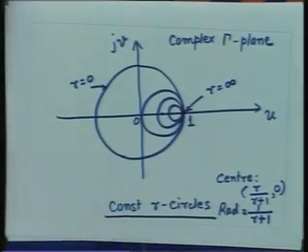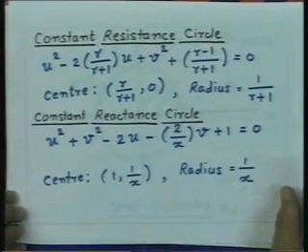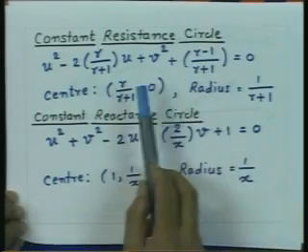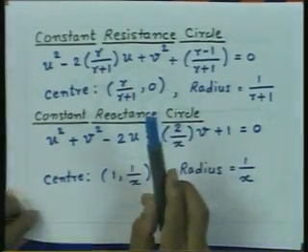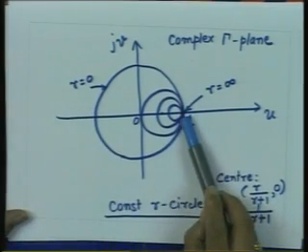In fact, one can see from this equation for the constant resistance circle that all these curves pass through the point u equal to 1, v equal to 0. So, all these circles which you have drawn here pass through this point u equal to 1, v equal to 0.